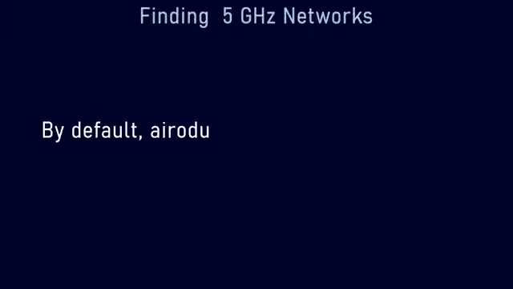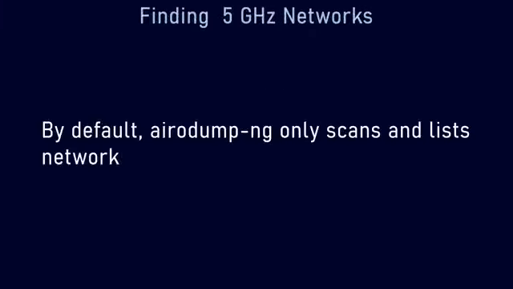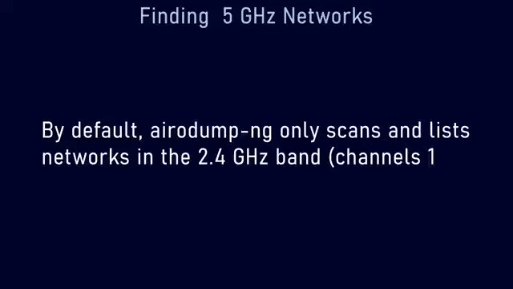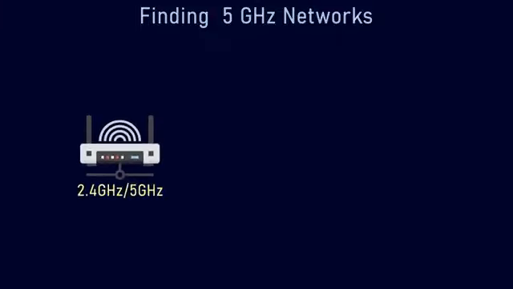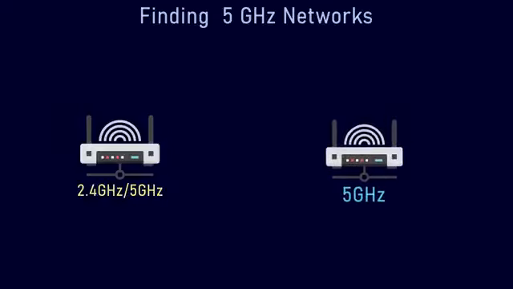By default, Airodump-ng only scans and lists networks in the 2.4 GHz band, as we saw in the previous video. Now, what if a network is using only the 5 GHz band? Most networks use dual bands, but some specifically use only the 5 GHz frequency band.